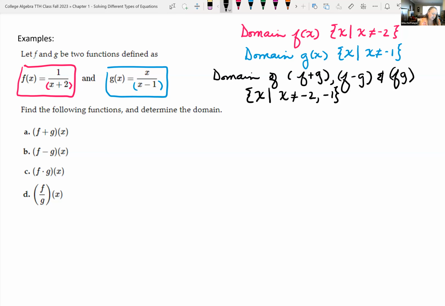Okay, so let's look at part A where we're summing f plus g of x. And so this is just saying I'm looking at my function f of x plus my function g of x. So looking at my function f of x, this is 1 over x plus 2, plus my function g of x, which is x all over x minus 1.